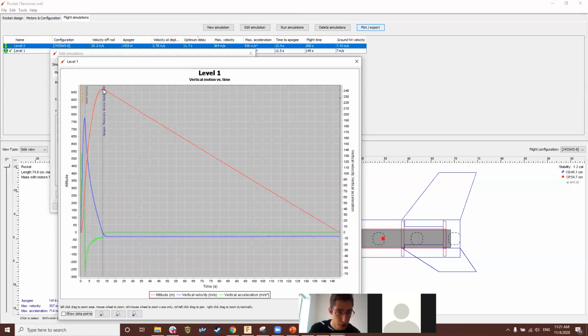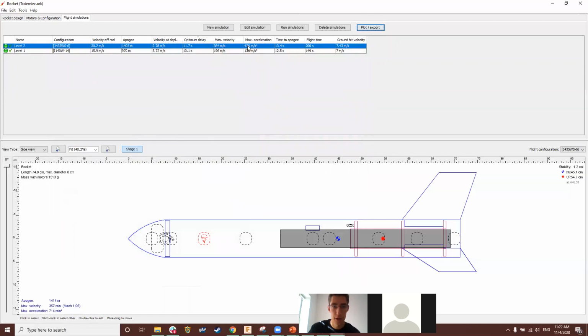Yeah, and the apogee will be reached after about 13 seconds. So as you can see, optimum delay is for how long that blue thing burns, for how long the delay grain burns. And the time to apogee is optimum delay plus the burn time of the motor, which is about 2 seconds, I believe.